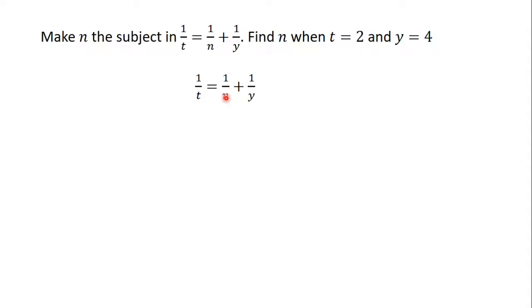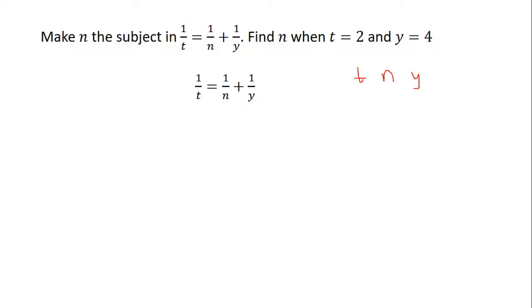Now, this is an equation that involves fractions. We said that whenever the equation involves fractions, you identify the fractions. So the fractions are 1 over t, 1 over n, and 1 over y. Then you identify the denominators. The denominators are t, n, and y.